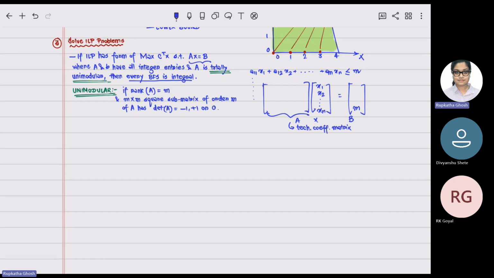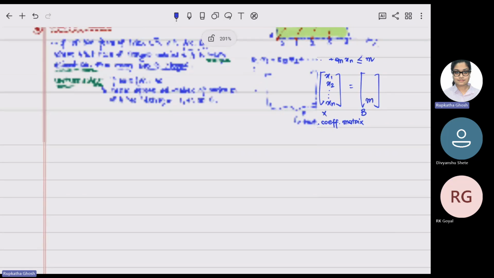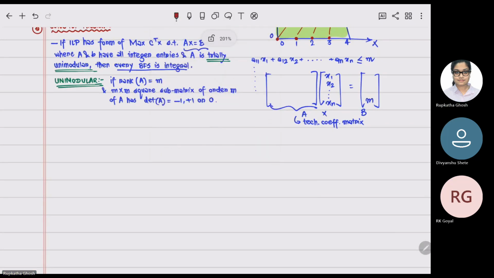The only variant is when we call it totally unimodular is that you don't have to look for the rank of A in this case.